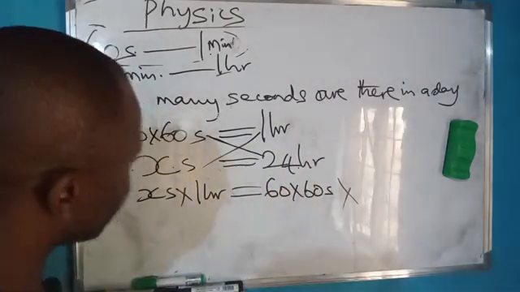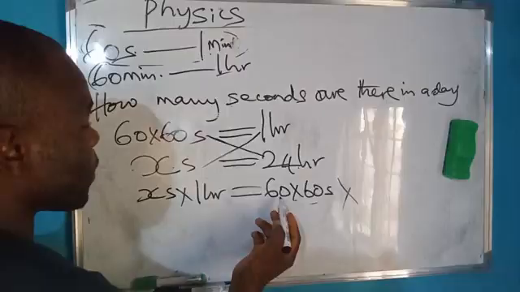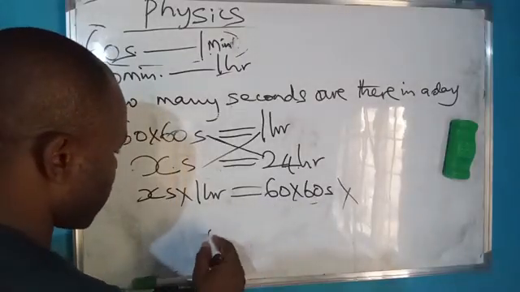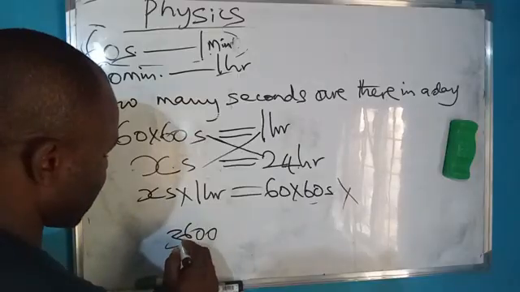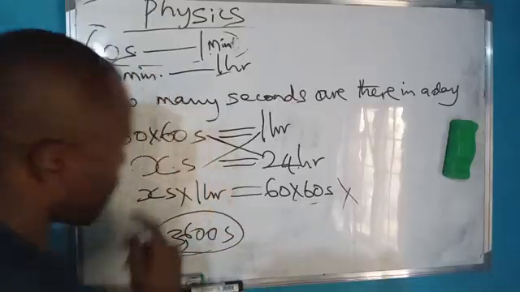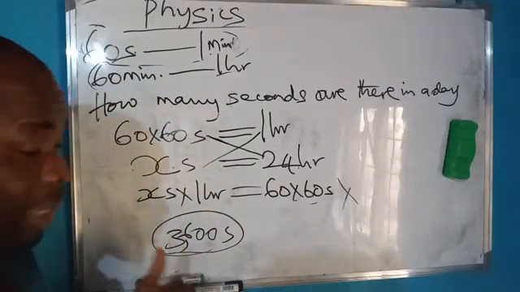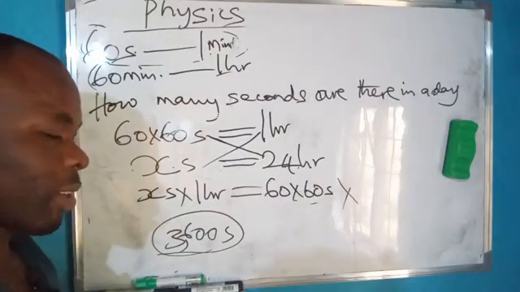And let me just tell you, even if you want to bring this to a single number, you see 0 and 0, 0, 0. You see 6 times 6 is 36, right? That is 3,600 seconds makes 1 hour.